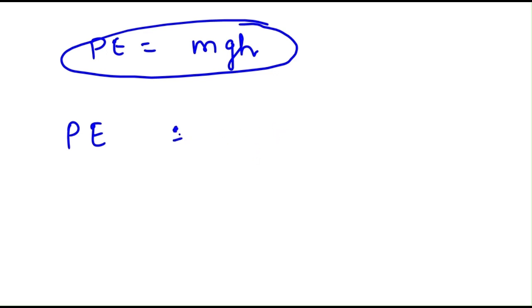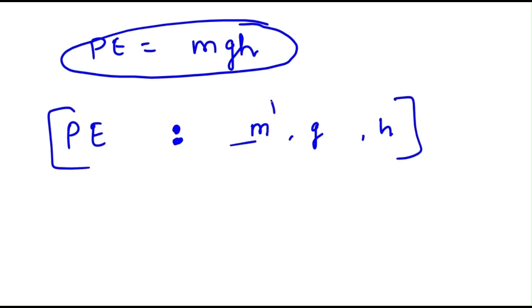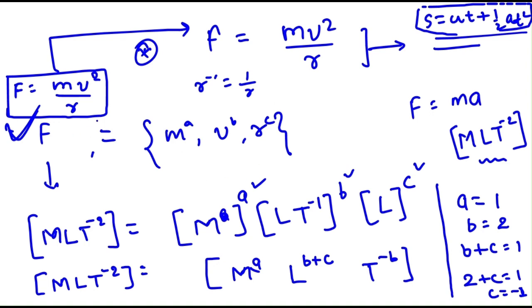Potential energy is related to mg, where g is acceleration due to gravity, so it should have the dimension of acceleration, and h should have the dimension of length only. With this information, you have to deduce this formula, as I have already worked out one for you.